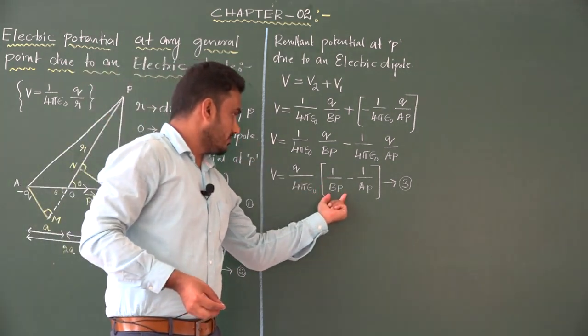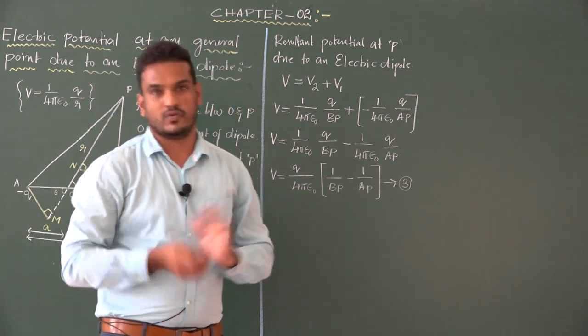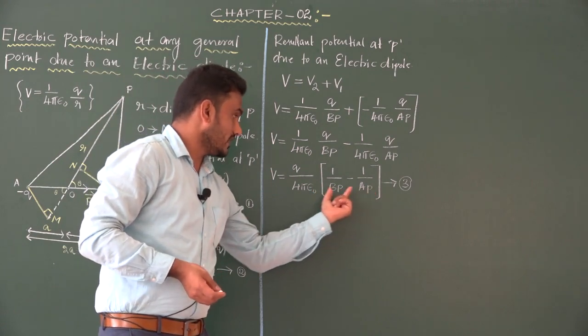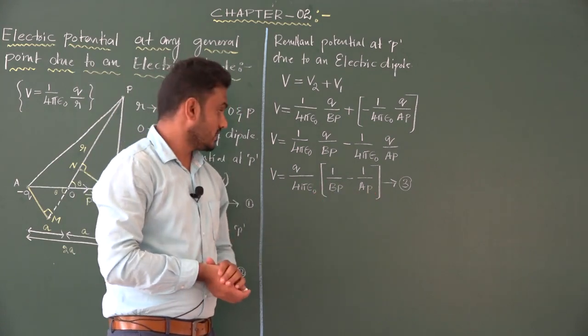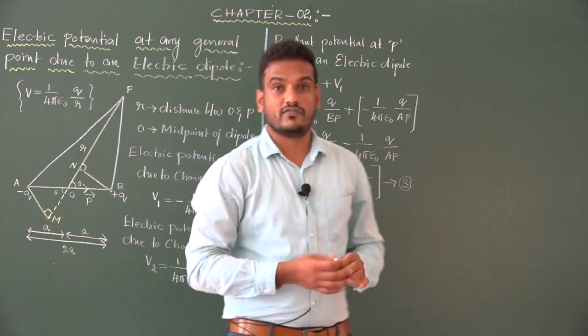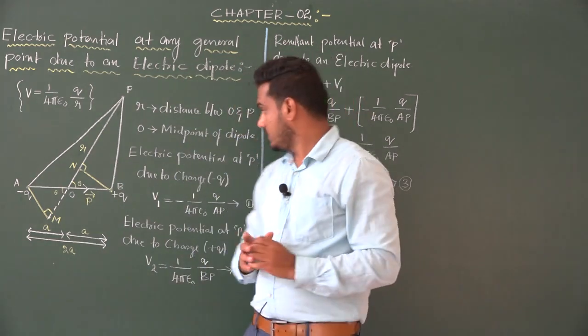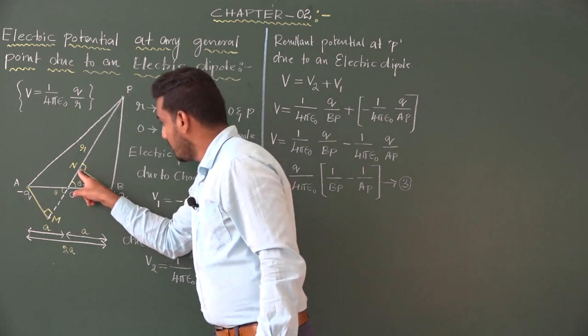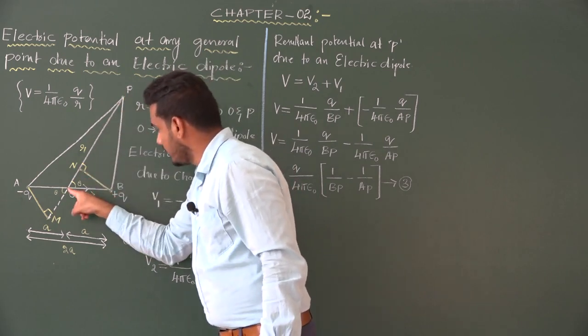But the value of BP and AP we don't know. So we have to find the value of AP and BP. To find the value of AP and BP, I draw the line BN perpendicular to OP.